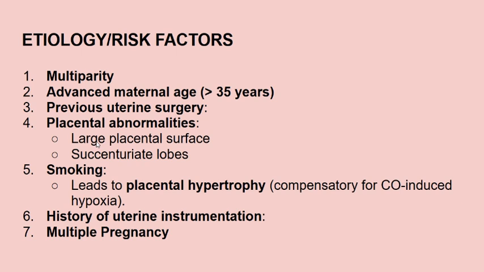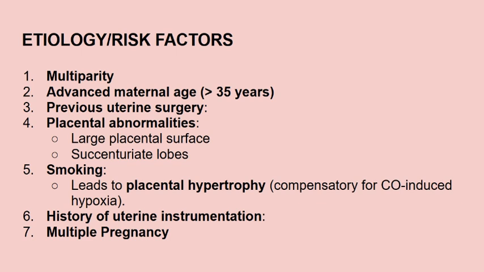It has been known that smoking increases the placenta size because of compensatory hypertrophy of the placenta due to the increased amount of carbon monoxide in the blood. If there's a history of uterine instrumentation, such as dilatation and curettage, it can increase the risk of placenta previa. And also multiple pregnancy, because a multiple pregnancy can have either a very large placenta or more than one placenta, which has an increased risk of being located in the lower uterine segment.